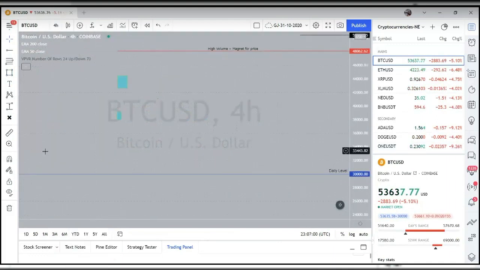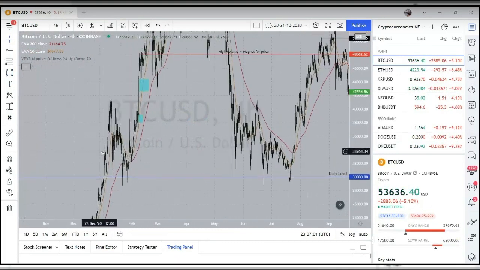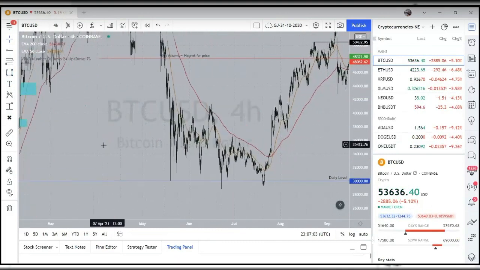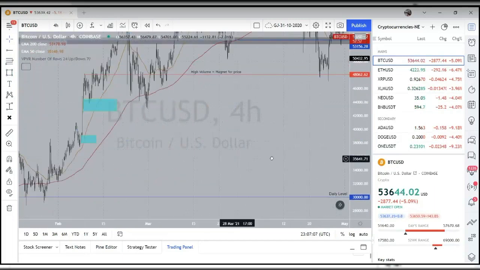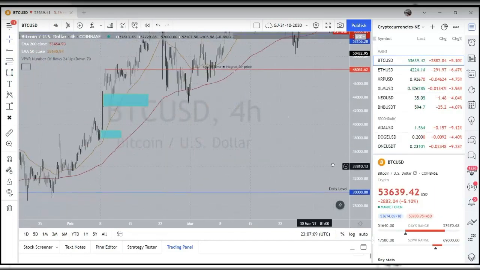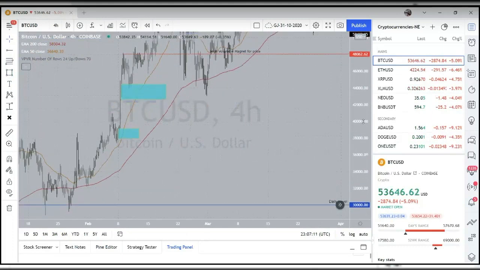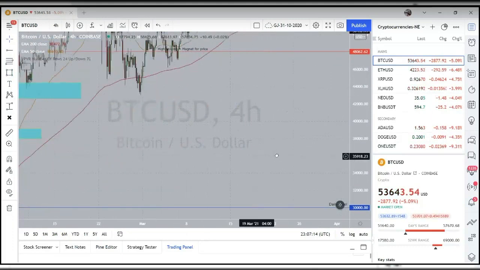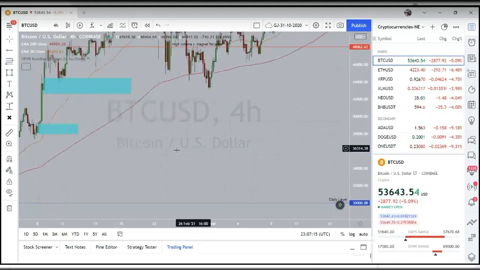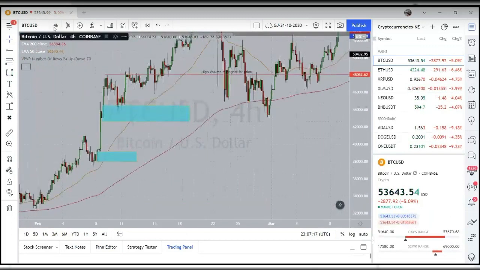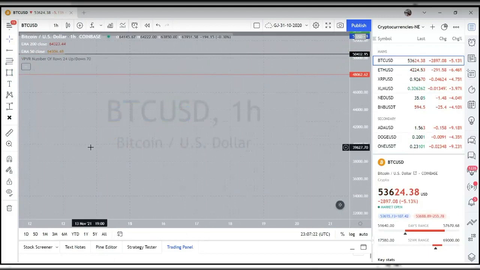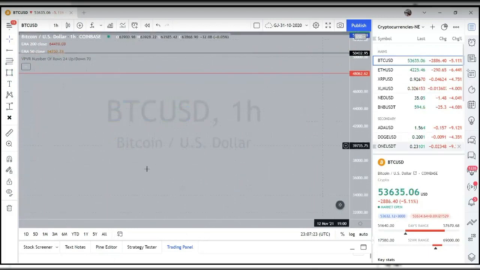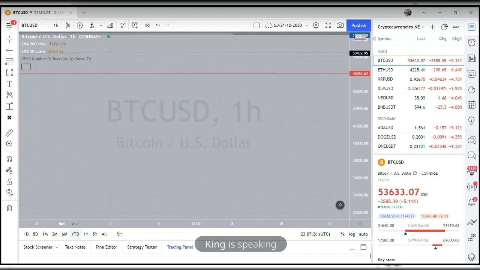So we've got this area of consolidation, high here, swing here, break through this consolidation, return to it, and then a higher high before the mad pump up.